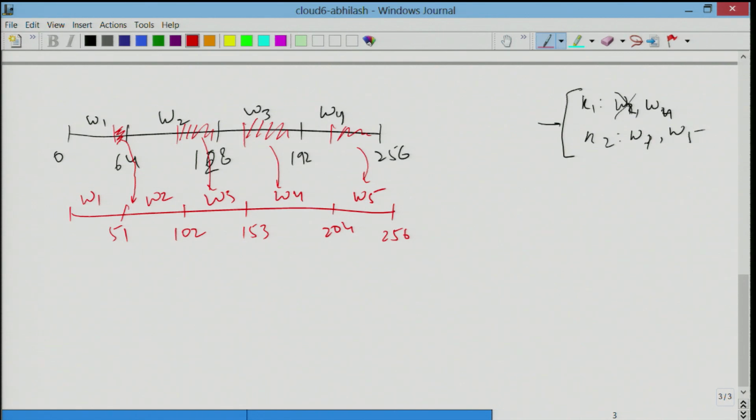So this is causing data movement on all the workers just because a single worker joined, and it is also causing imbalanced load transfer. Right. So W1 only had to move 13 keys, whereas W4 had to move 51 keys. Right. So the more right you are in this, the more data you have to send out. But the good thing is the routing table is pretty small.